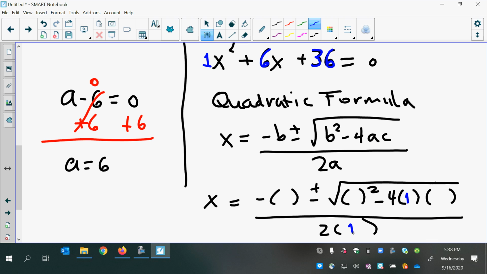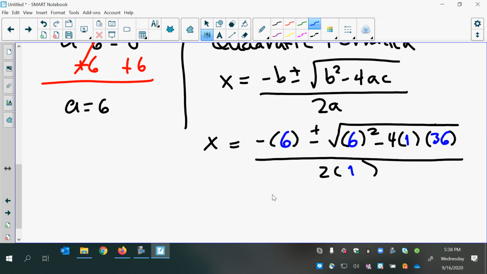Then you have b is 6, so that'll go here and here. And c is 36. Okay, so now we need to do the math to simplify that, and then we will have our 2 more values to put in our solution set of all the things that could make the original equation true.